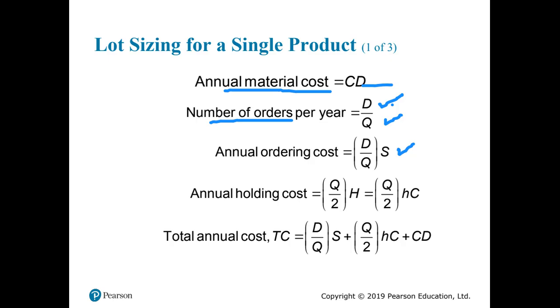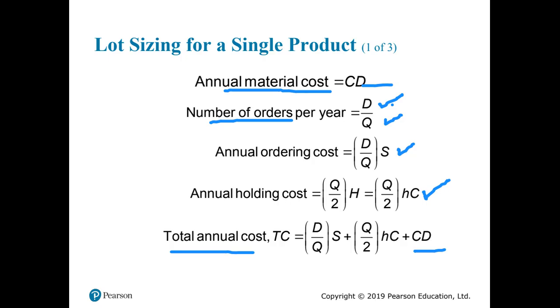Holding cost can be Q by 2, quantity divided by 2, which was the cycle quantity, and the holding cost was denoted by small hc. So the total annual cost will be D divided by Q into fixed cost, plus Q by 2 into hc, the holding cost per unit, plus the annual material cost, which is CD.